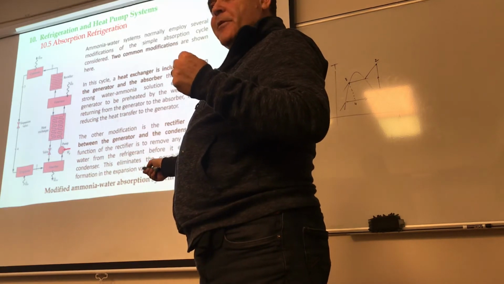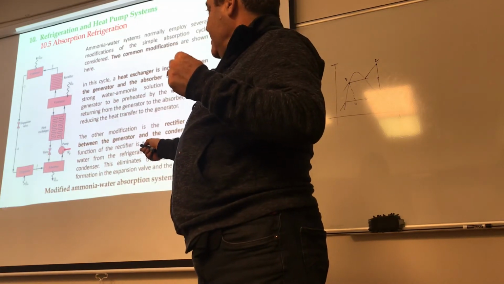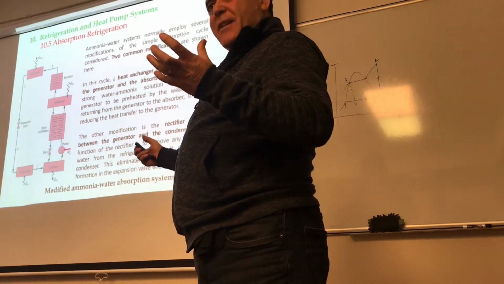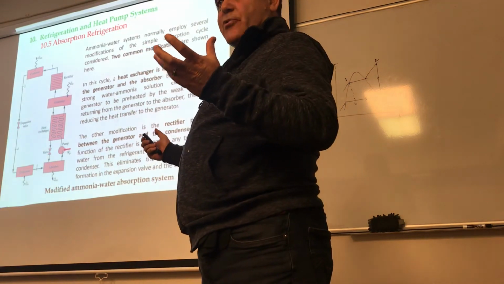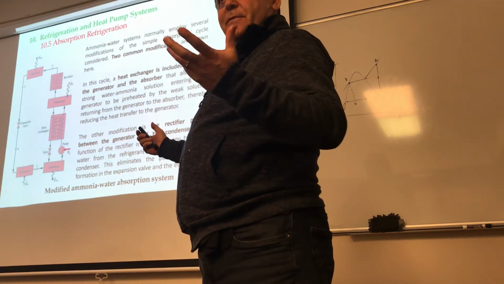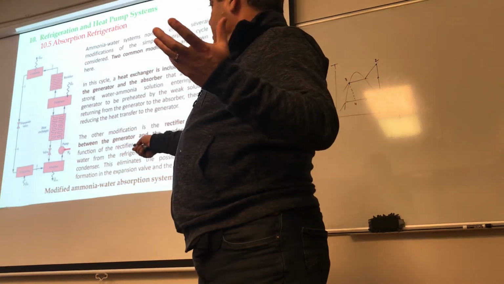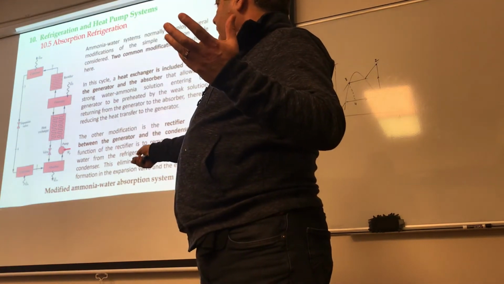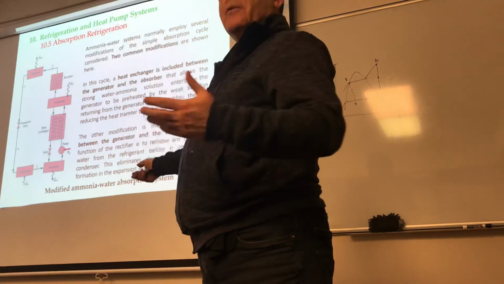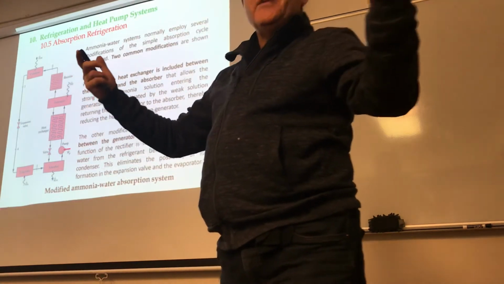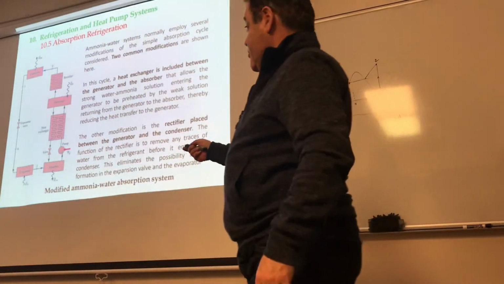To the absorber. But in what state? It gets returned pretty darn hot. It's a lot of exergy there. So why do I just need to bring it in here and then have that heat also go out? Why not use that heat for something? So you put a heat exchanger here.